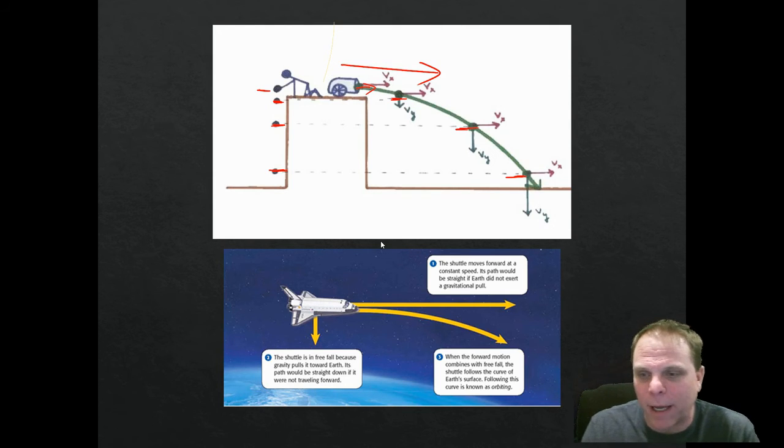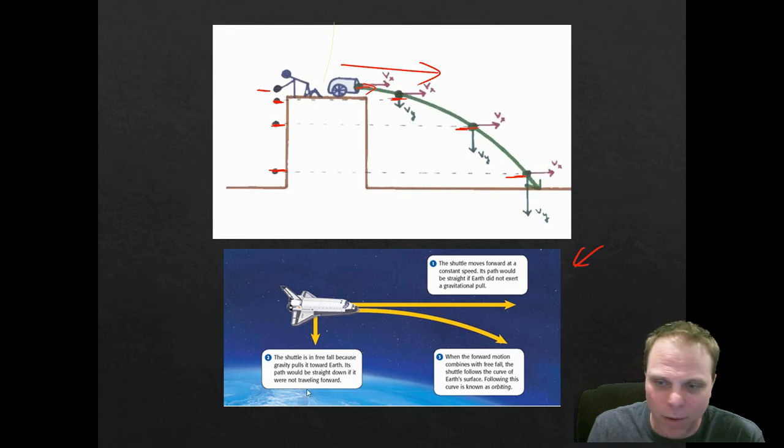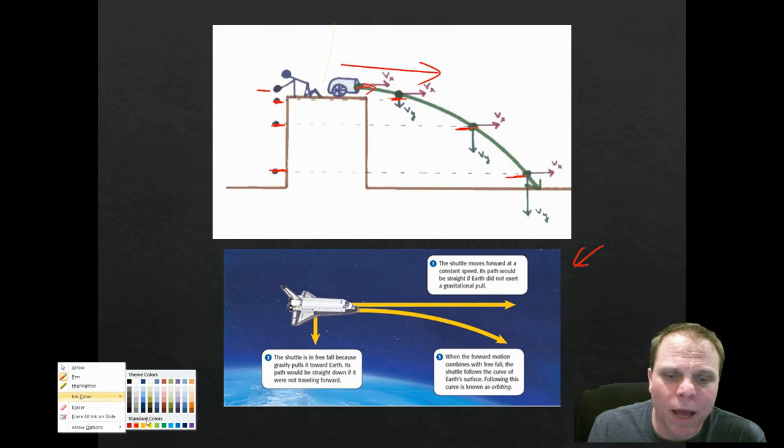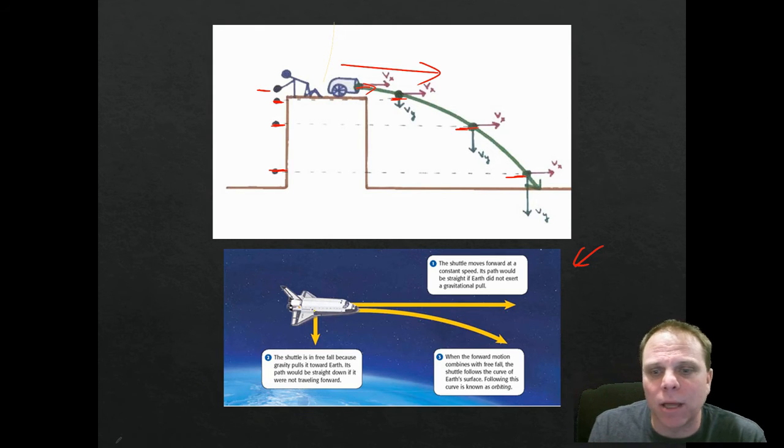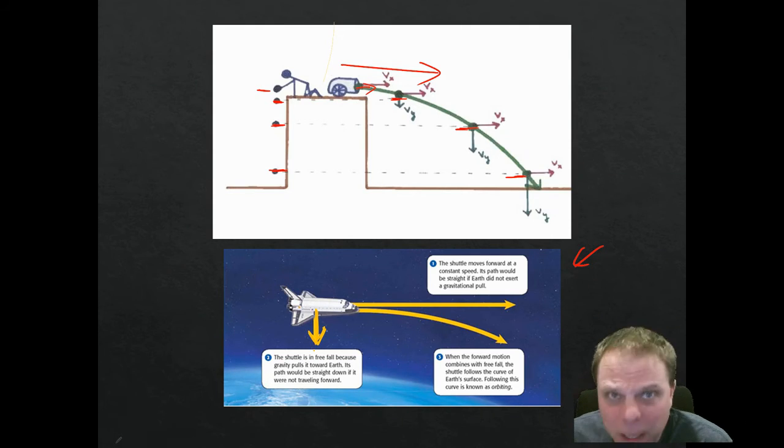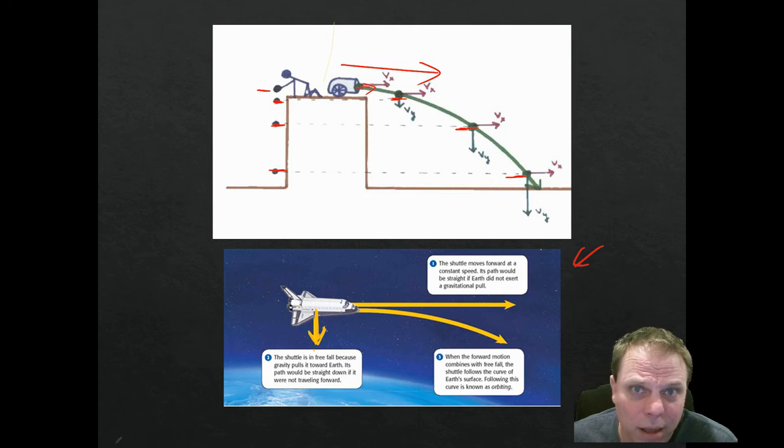Now let's look at this little planet here and the space shuttle moving around the planet. What you have to think about here is that this space shuttle is being pulled toward Earth, right? We've got that little arrow pulling the space shuttle toward Earth. It is being accelerated toward Earth by the force of gravity, okay?